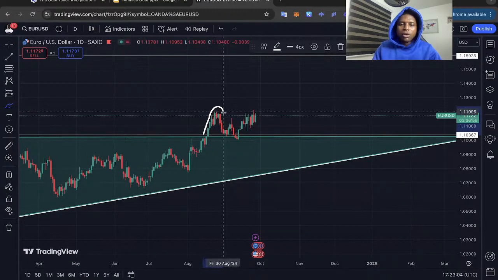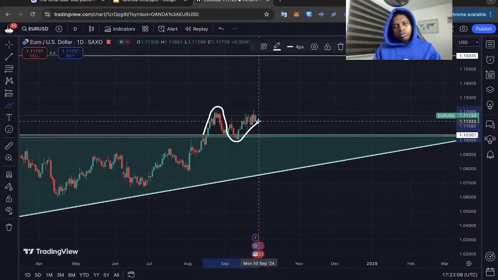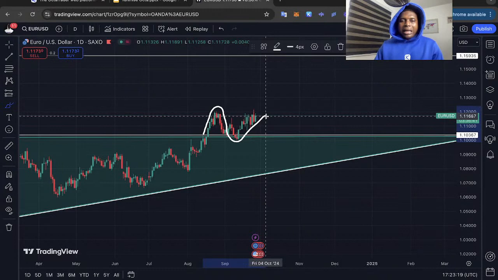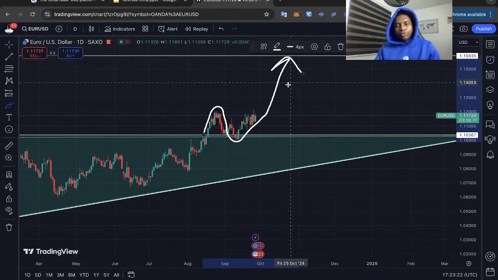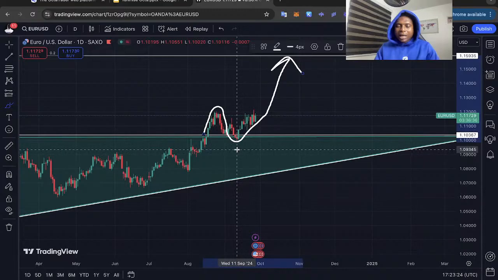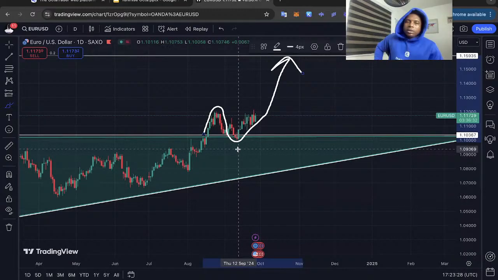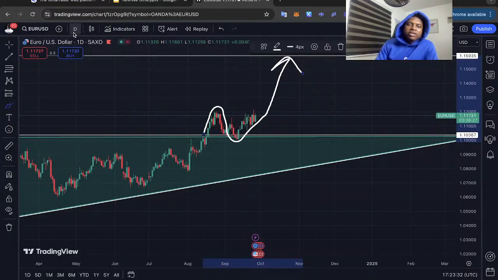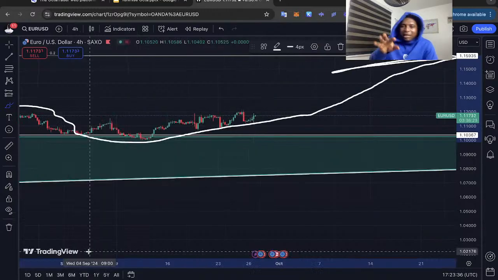The resistance zone is now acting as a support, and we now see price has pushed up at this level. The next stop for price is the next resistance zone. After the breakout, the next stop for price is the next resistance zone. So for intraday traders now, let's see what opportunity we can lock in on within a few hours.